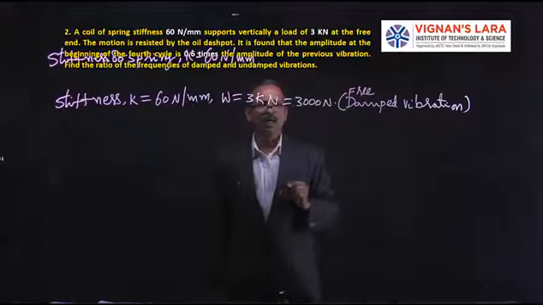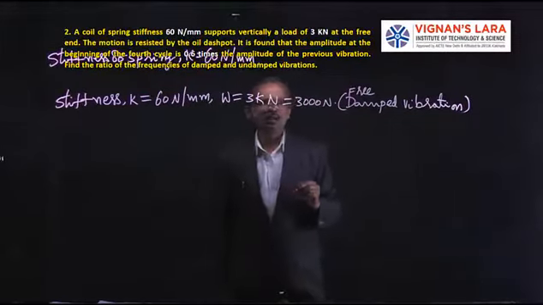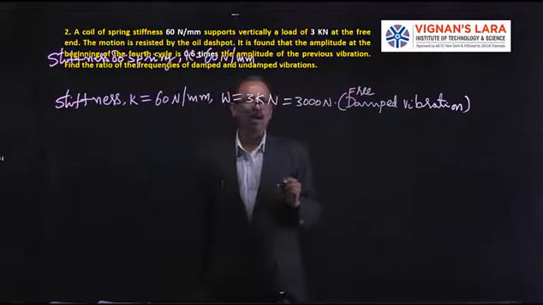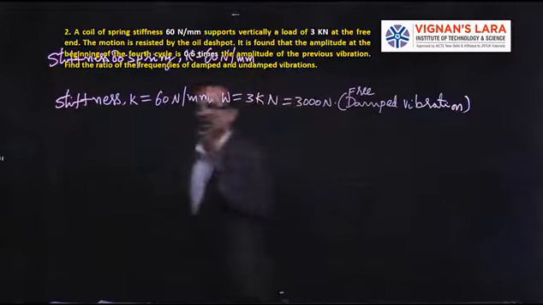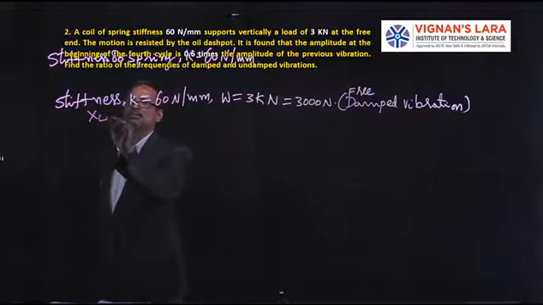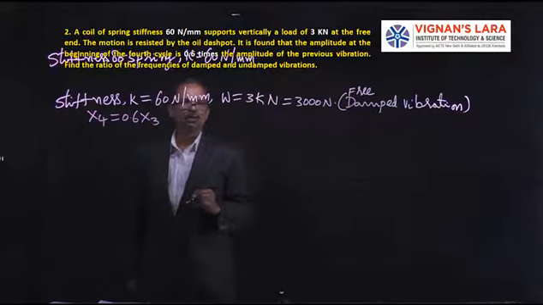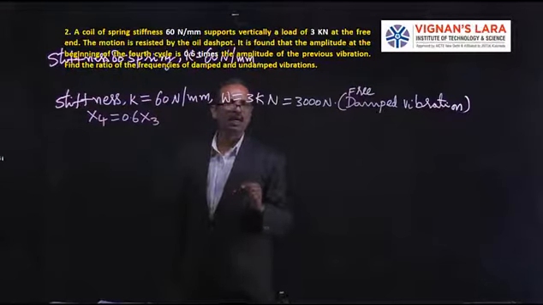Okay, and it has been given that the fourth amplitude of the vibration is 0.6 times the amplitude of the previous, that is x4 is equal to 0.6 times the previous, meaning x3. You are supposed to find the ratio of the damped and undamped frequency of the vibration.